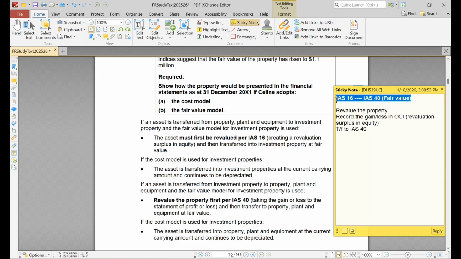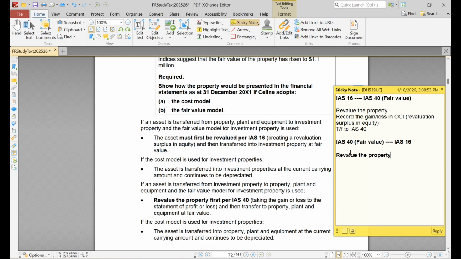If it's the other way around, that first it was an investment property and then it has been classified as IAS 16, and the fair value model was used for recording the investment property, so first you would revalue the property.